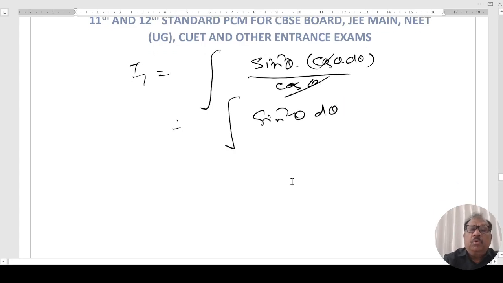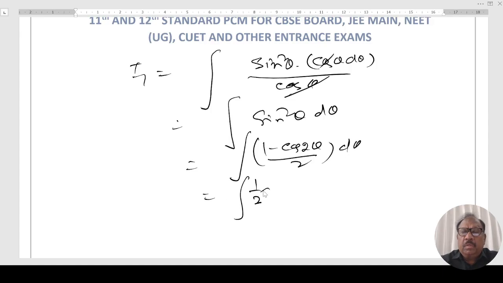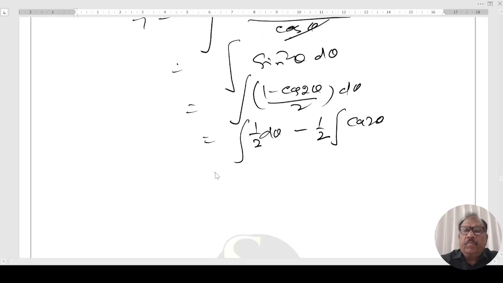Right? Now using half angle formula, this can be written as 1 minus cos 2 theta divided by 2 d theta. That is 1 by 2 integration d theta minus 1 by 2 integration cos of 2 theta. On further, 1 by 2 theta minus 1 by 2 sin of 2 theta divided by 2 plus c.